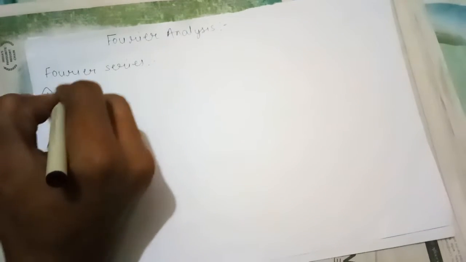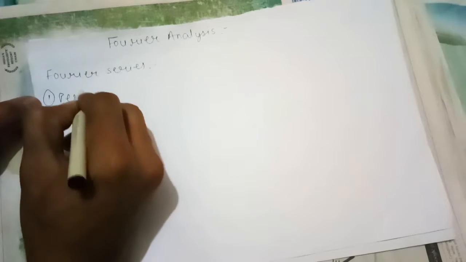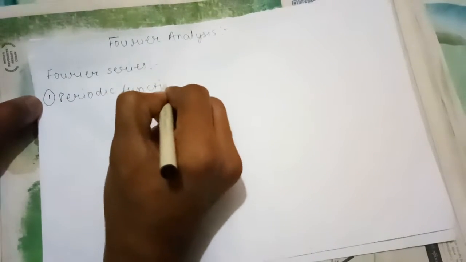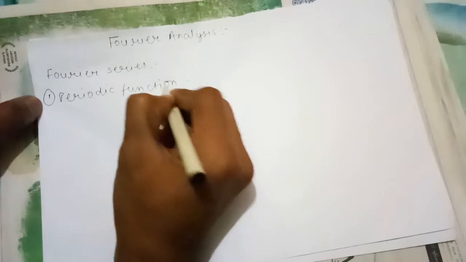Before we proceed further, in order to understand the Fourier series, we have to know some basics which we will use to solve it. So what are those basics? First of all, we should know about periodic functions.